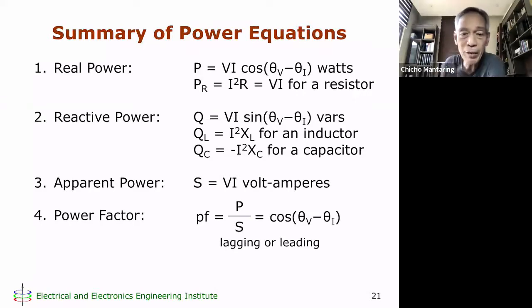Because what happens when your reactive power is very high? Ang ibig sabihin nun, yung instantaneous power mo, ang lakas ng fluctuation. Your average power might be only this much, but if you take a look at the graph versus time, it's fluctuating very, very high, no? That is your reactive power.